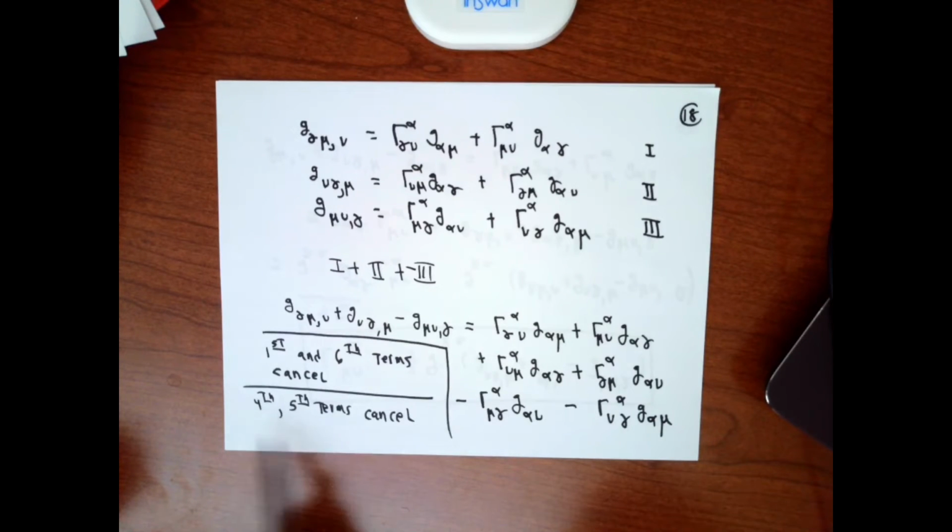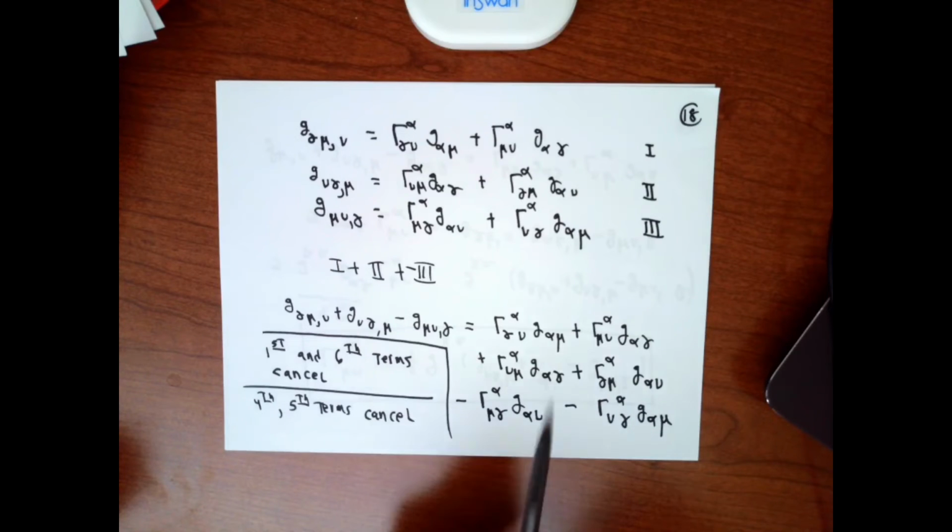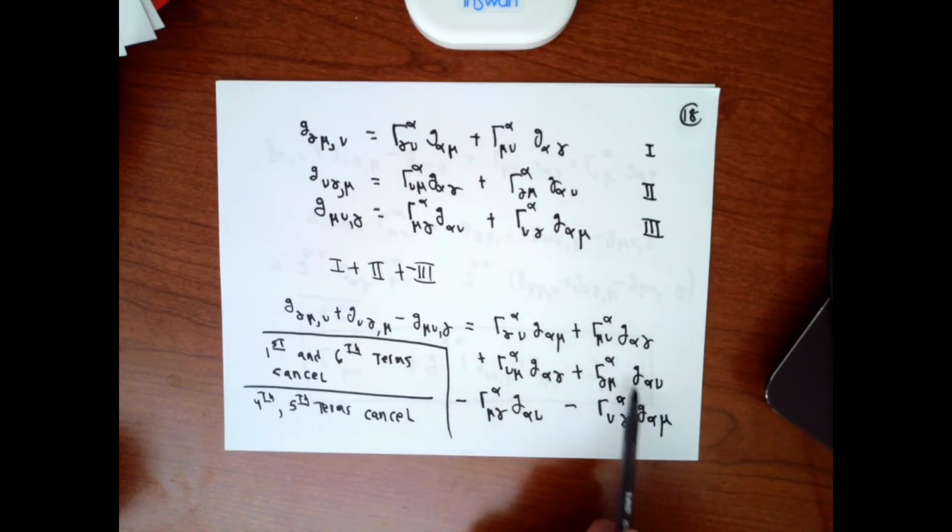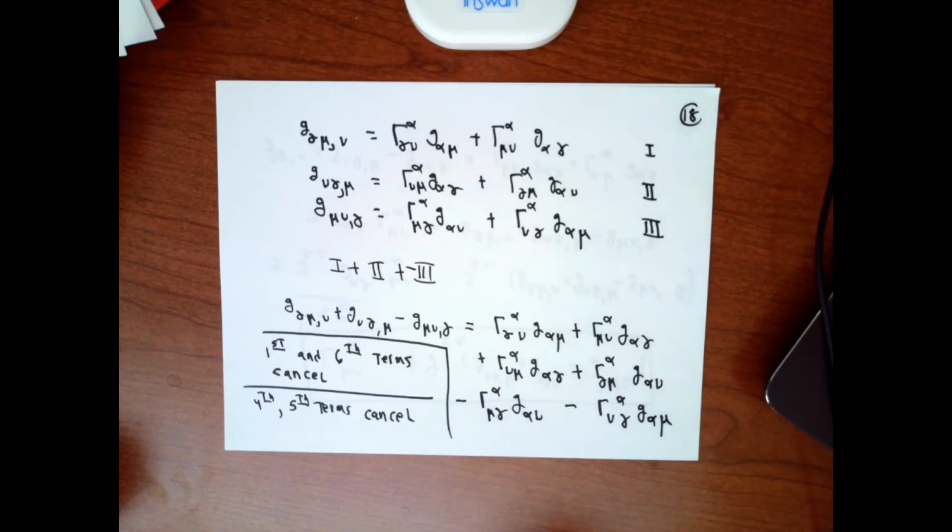Also, the fourth and fifth terms cancel out. 1, 2, 3, 4: alpha, alpha, gamma mu, mu gamma, alpha nu, alpha nu. So out of all of those terms over on the right, only two of them don't cancel out automatically.